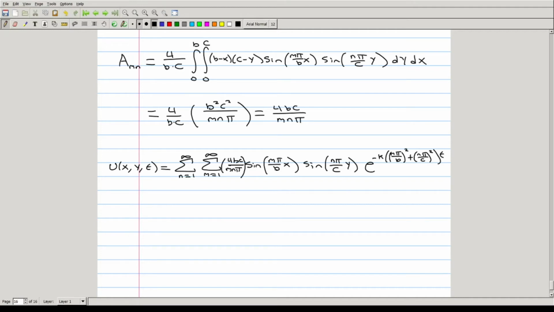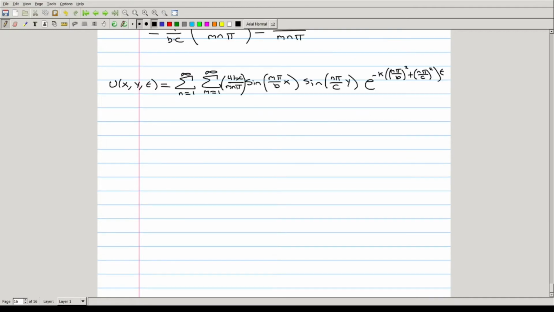And so for the last few examples, let's go through and consider these, the 1D wave equation first, and then the 2D wave equation after that. So we've seen the 1D wave equation.